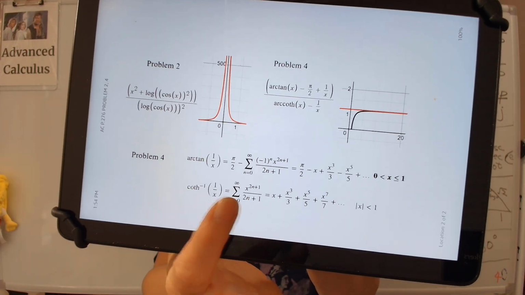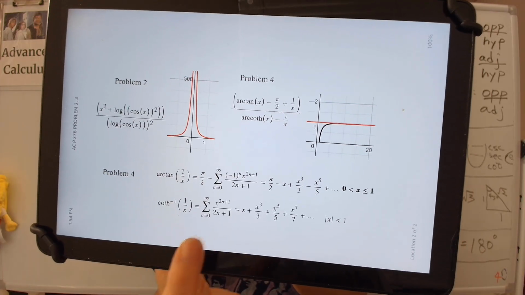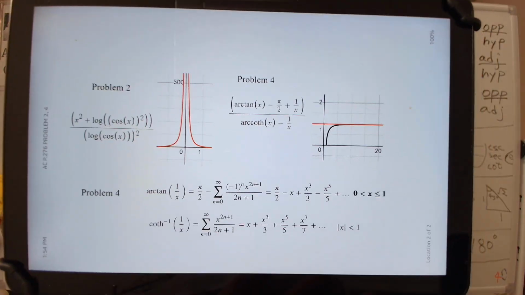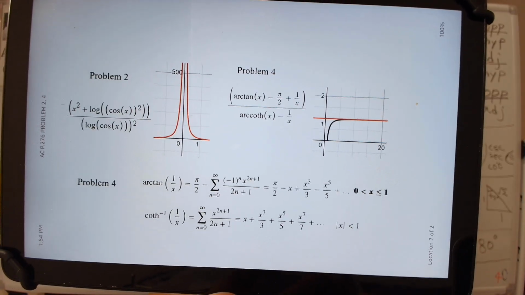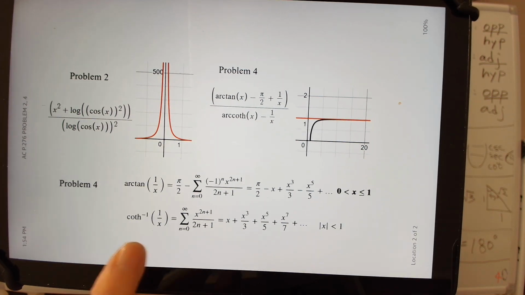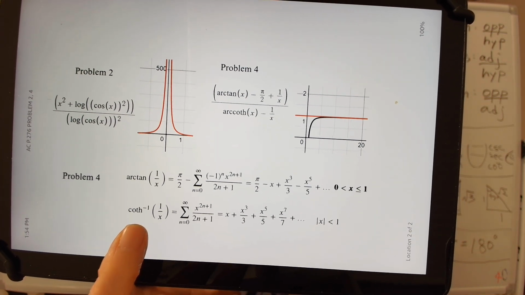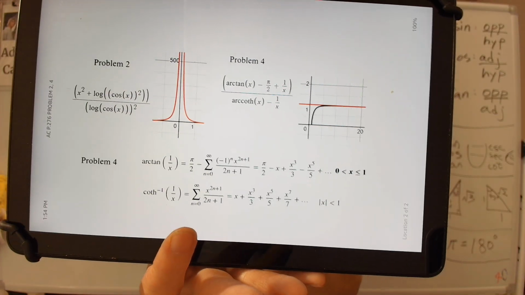Here's problem 4. I think problem 2 doesn't have a Taylor expansion. Here's the Taylor expansion for problem 4. Again, I just Googled it and copy and pasted it. Basically, that's all you need to do. It doesn't even matter what these things are, arctan or the hyperbolic cotangent. It doesn't matter what it is, we'll just plug it in.